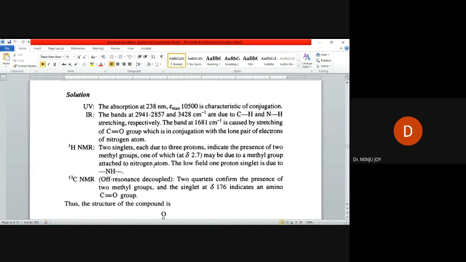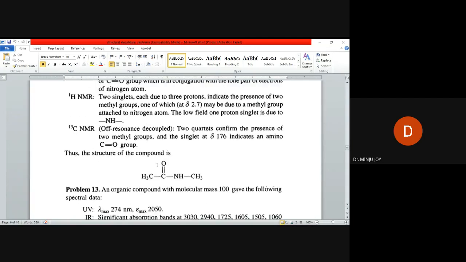And 176 is usually for a CO adjacent to an amino group, so that will be a CONH group. So the structure comes like this. If the CONH group is there, there are two singlets with 3 protons, that will be CH3. So like this we are deducing the structure.